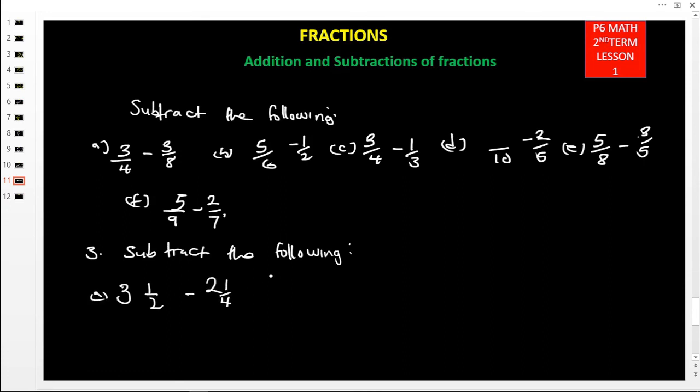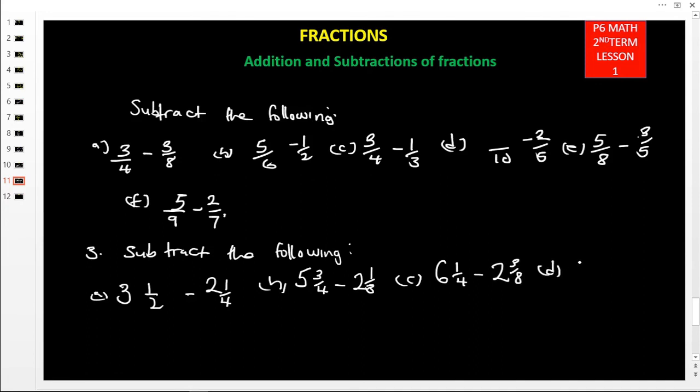This is A. Then B, it is saying 5 whole numbers, 3 quarters minus 2 wholes and a third. Then C, it is saying 6 whole numbers and a quarter minus 2 wholes, 3 out of 8.